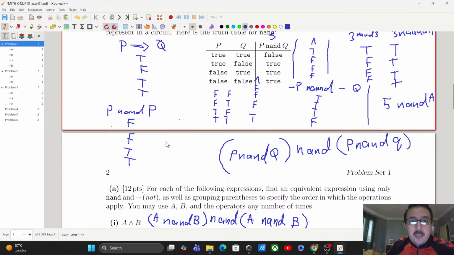So, okay. So it's gonna be A, NAND A. It's always gonna be false though.